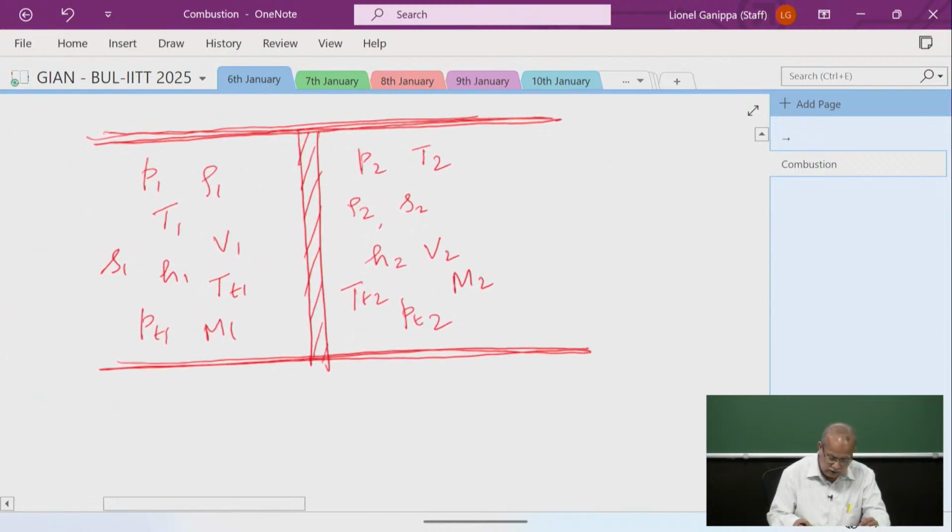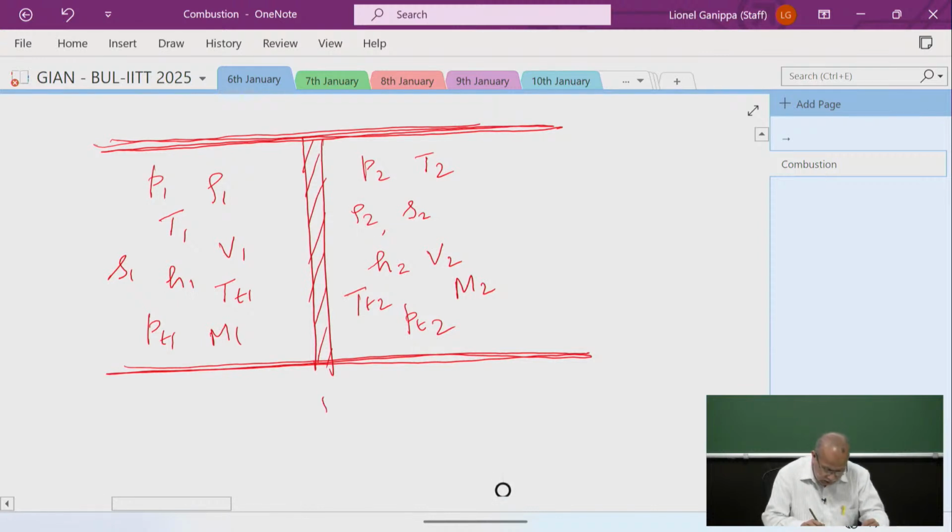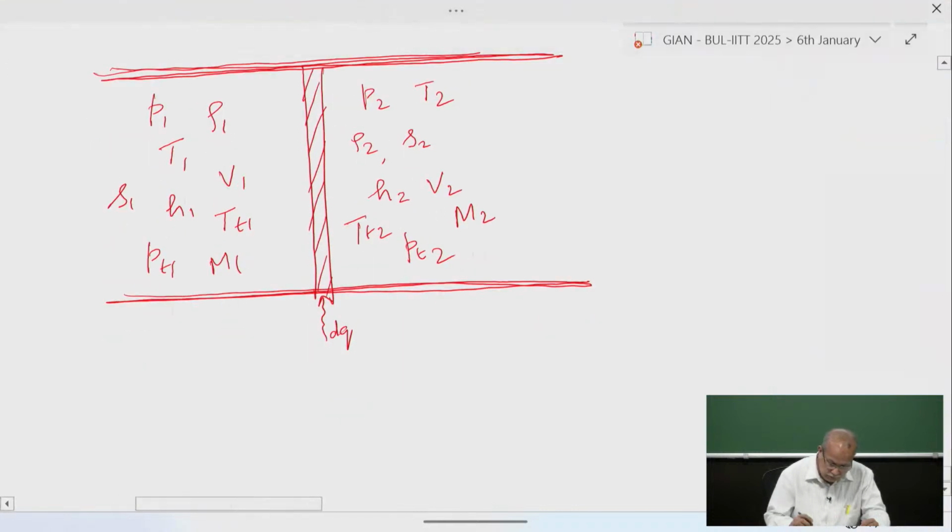So if this is the typical situation we have here, this is dq. Now if we write the governing equations, rho1 v1 equals rho2 v2. Now let me start with the momentum equation here: P1 plus rho1 v1 square is equal to P2 plus rho2 v2 square.